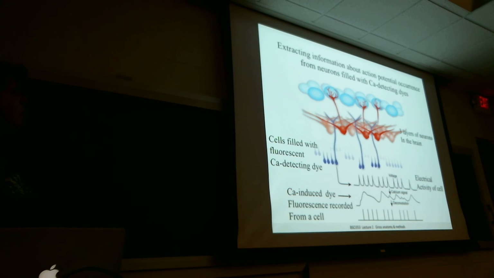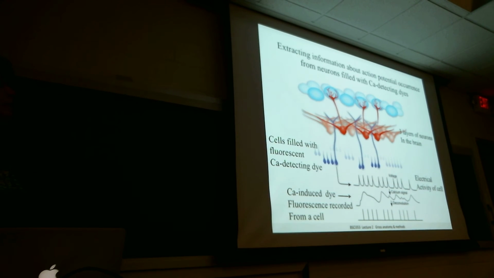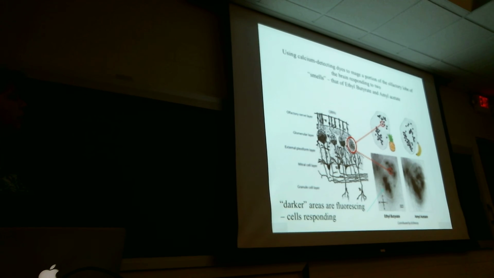This is an example from talking about calcium imaging. You apply a fluorescing calcium dye, and then you can detect changes in the fluorescence. One of the drawbacks to using a calcium dye is that it's relatively slow and relatively diffuse. But methods are getting better and better to record from whole areas of neurons. So this is an example of using calcium dyes in an olfactory system.